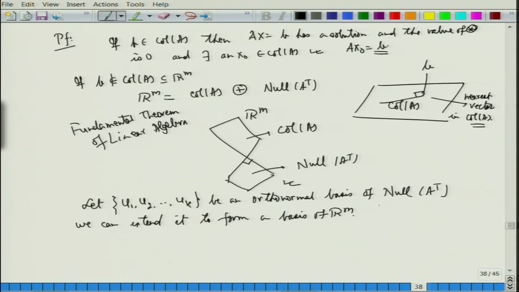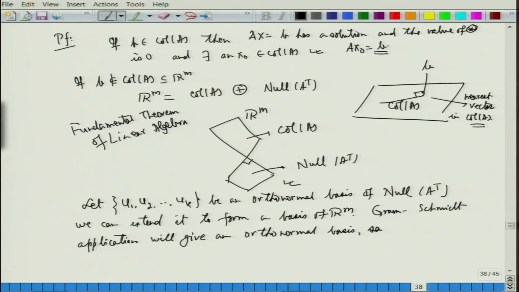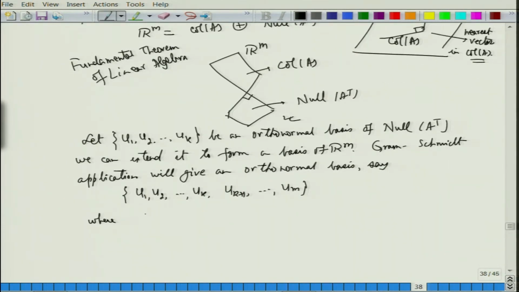Further, application of Gram-Schmidt will give an orthonormal basis, say u1, u2, uk, then uk plus 1 till um, where uk plus 1 to um is an orthonormal basis of column space of A.